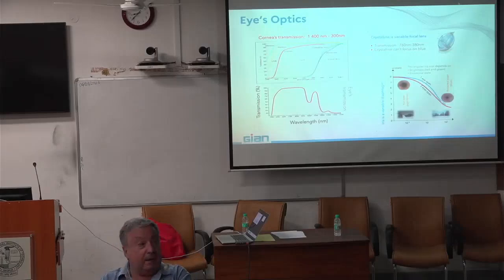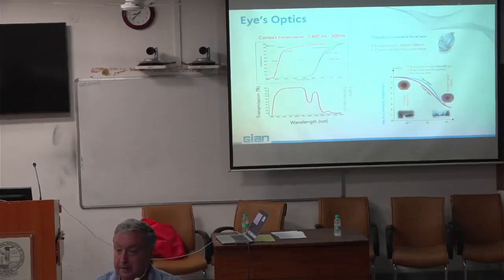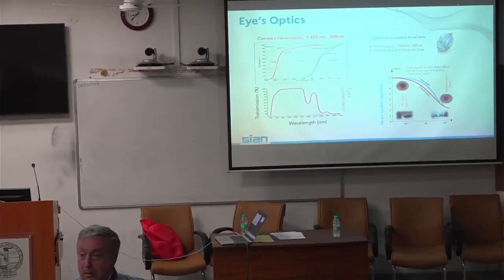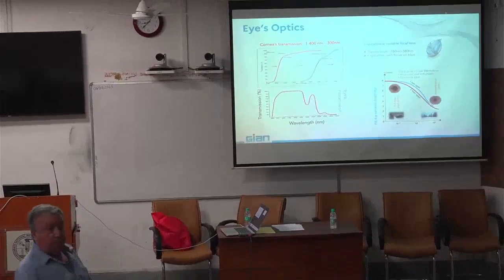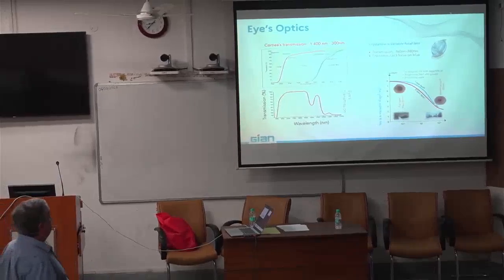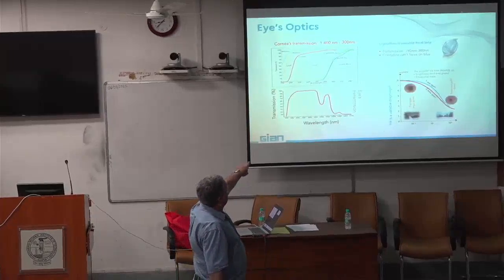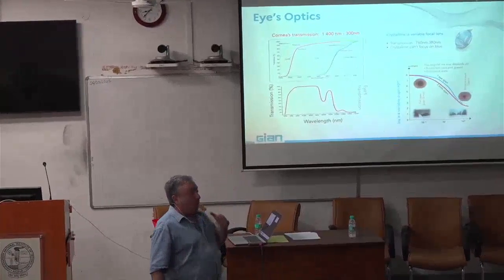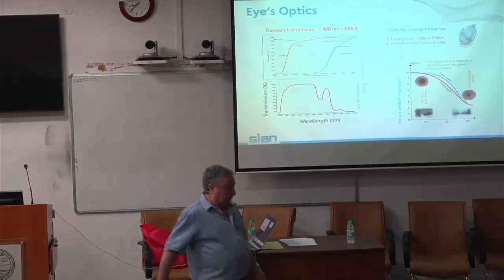Okay, but remember, light is defined between 780 and 360 nanometers. That means no infrared at all, no UV, because both can be harmful for our eye.